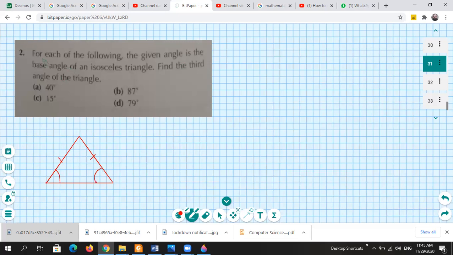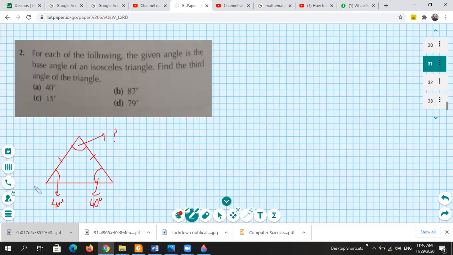Sorry. For each of the following, the given angle is the base angle of an isosceles triangle. Find the third angle of the triangle. So the base angle is 40 degrees in part A. So this will be 40 degrees and this should be 40 as well. So we have to find the third, which is the vertical angle. This angle is unknown.